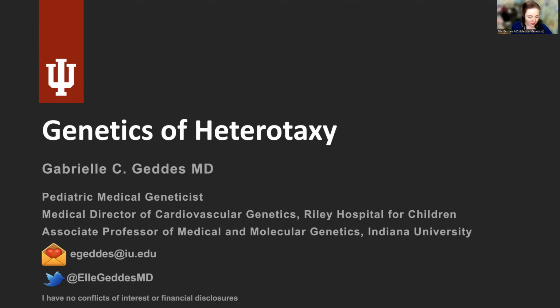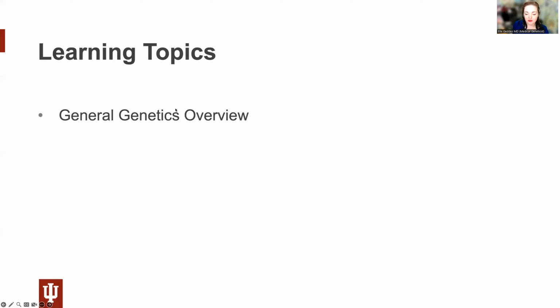And so today we're going to talk about the genetics of heterotaxy, and we're going to spend a lot of time going over some of the general genetics and basics of genetics and genetic testing, because I think that background is really critical to understanding some of the more complex parts.